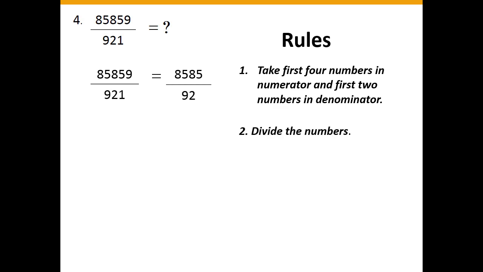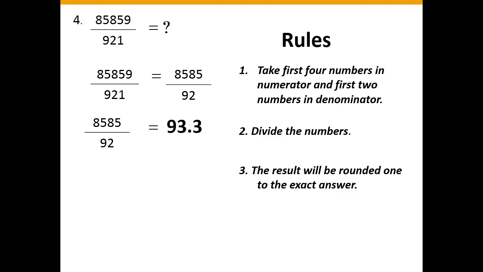Now we want to divide 8,585 by 92. 8,585 by 92 equals 93.3. See the last rule. The result will be the rounded one to the exact answer. I already taught that it is not the exact answer, but the final answer for the question. And I will tell how we got 93.3 in the rounding method.